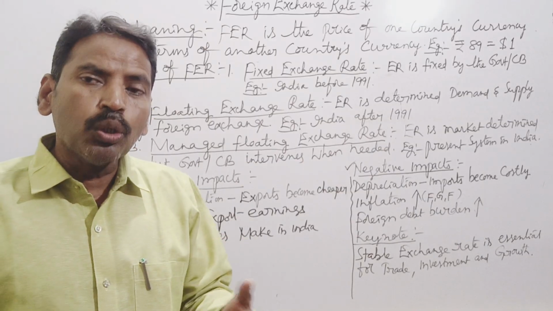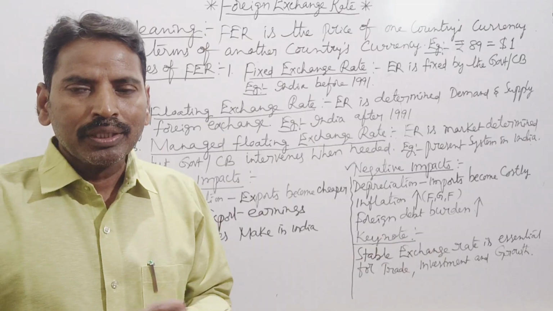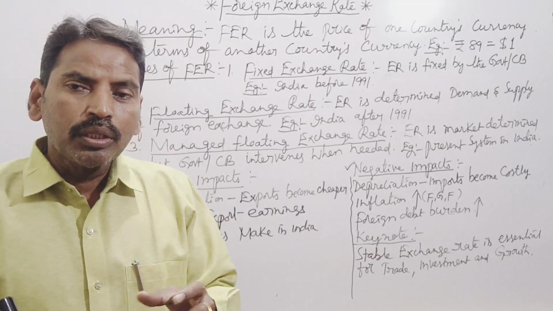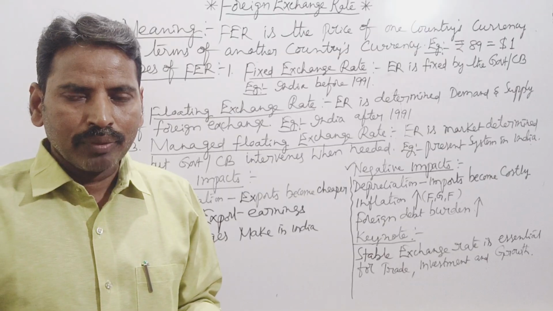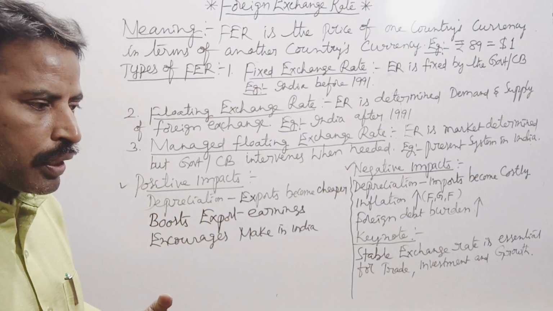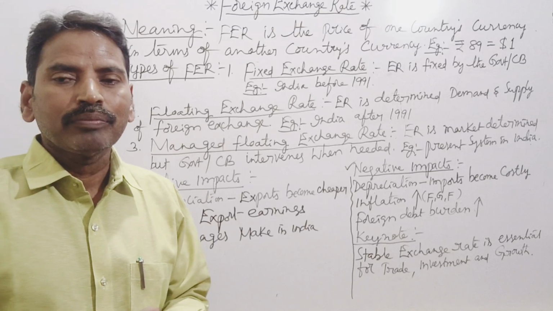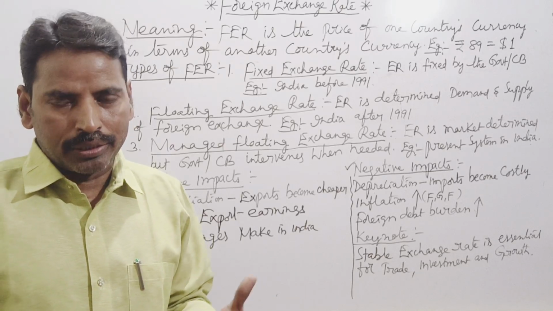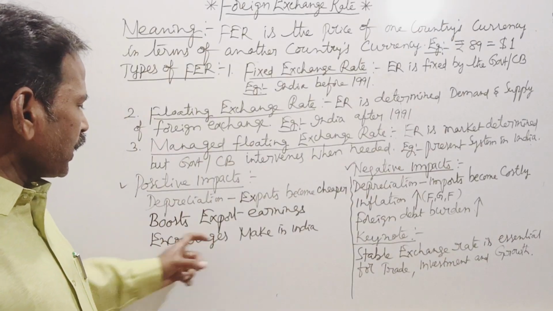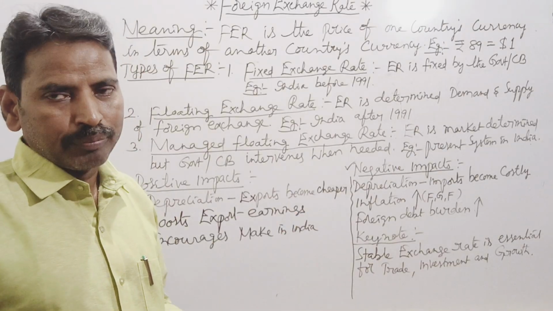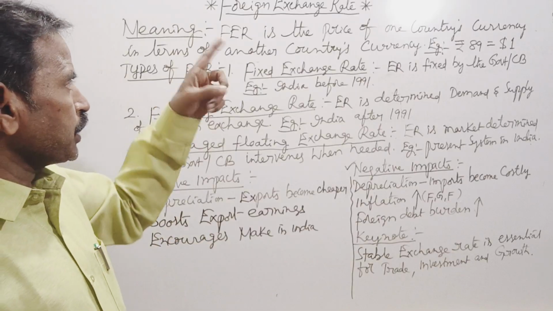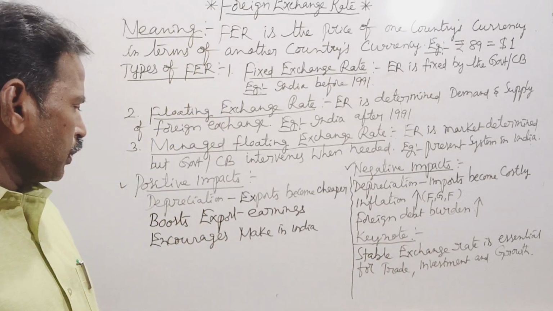So it boosts local manufacturing, creates more employment, reduces import dependence. As a result of that, there is self-sufficiency, that is Atmanirbhar Bharat. So this is the explanation of encourages Make in India, one of the major positive impacts of foreign exchange rate on Indian economy.